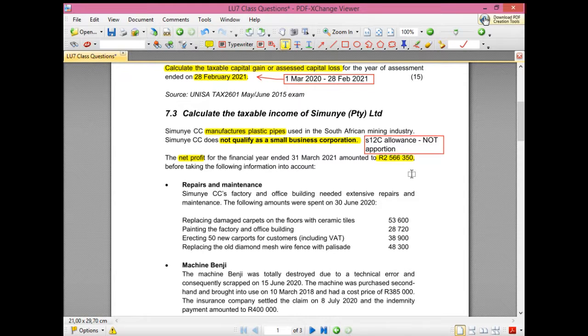So we don't get a deduction in your taxable income calculation, but you would add that amount to your base cost when you dispose of that asset when we work out the capital gains. Okay, so that is what you have to read out for if you see anything repairs and maintenance related. So let's see what they say.